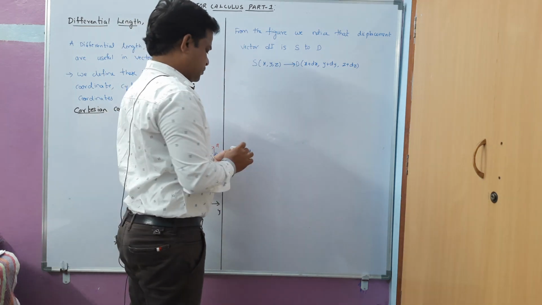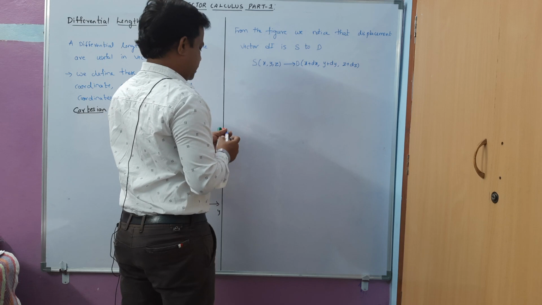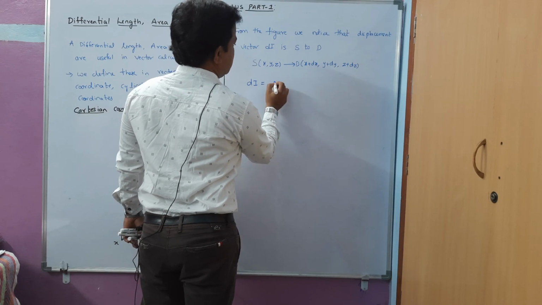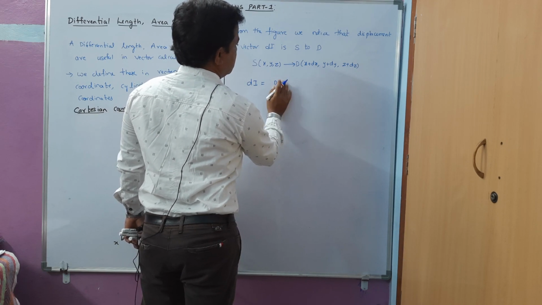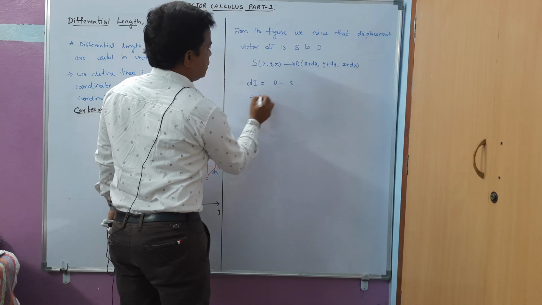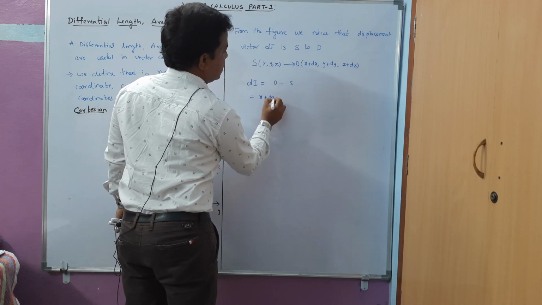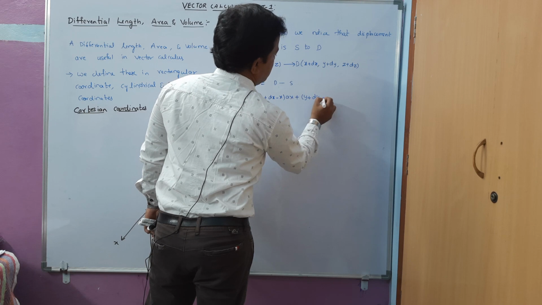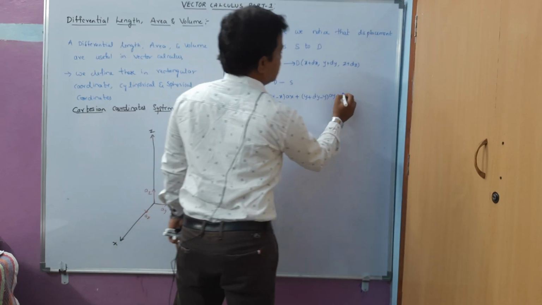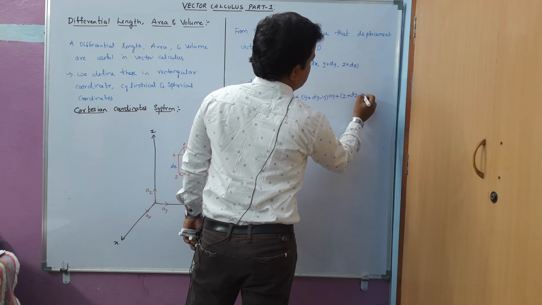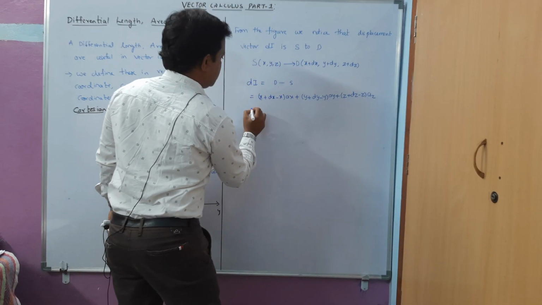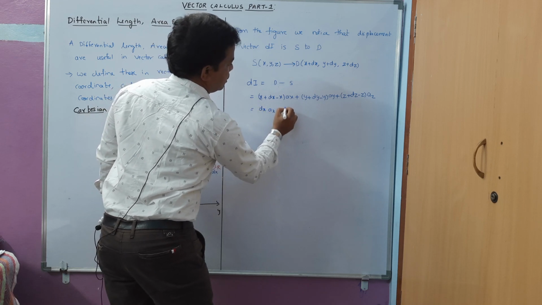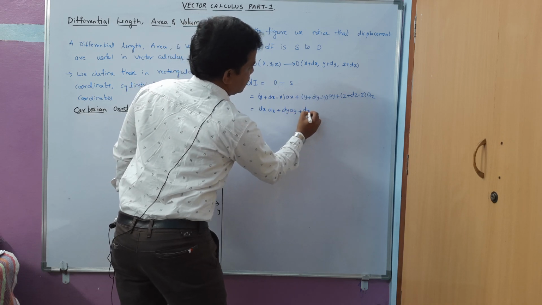So dl is D minus S: (x plus dx minus x) ax plus (y plus dy minus y) ay plus (z plus dz minus z) az. So I get dx ax plus dy ay plus dz az.